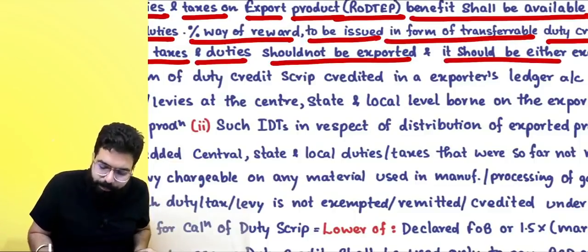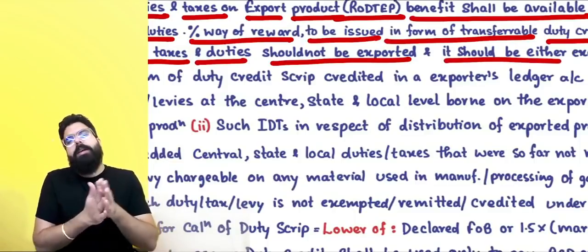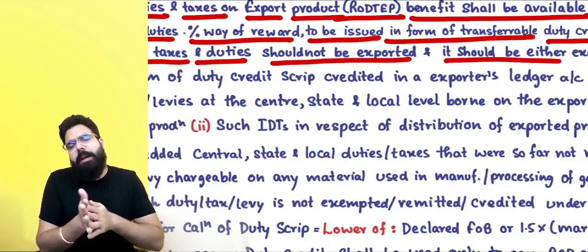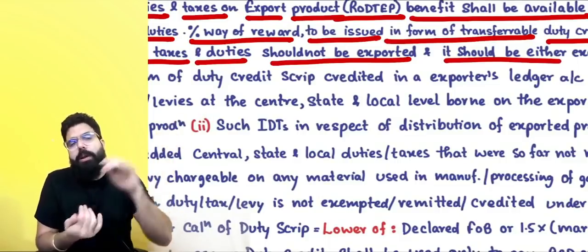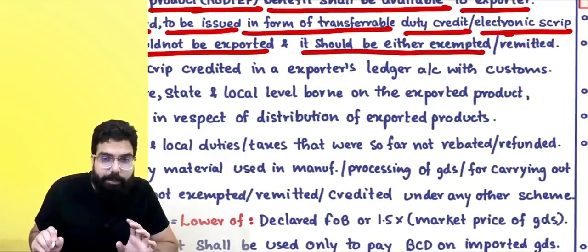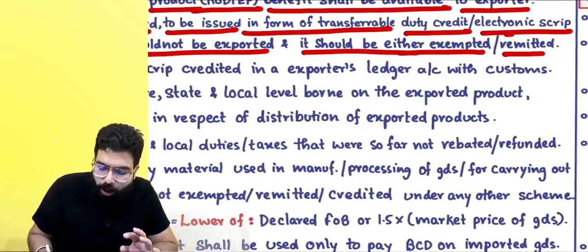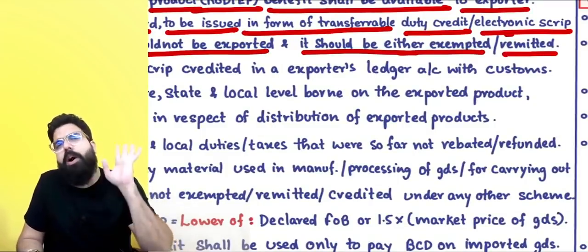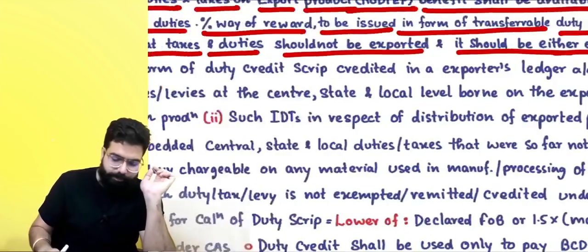What is the principle internationally adopted? Export the goods and don't export the taxes. The taxes should be either exempted or remitted. Remitted means a discount in the taxes should be given.